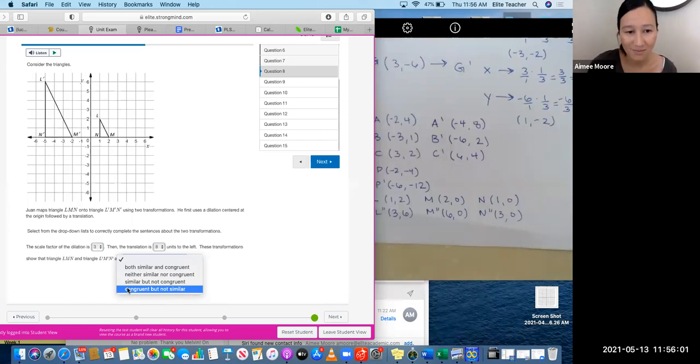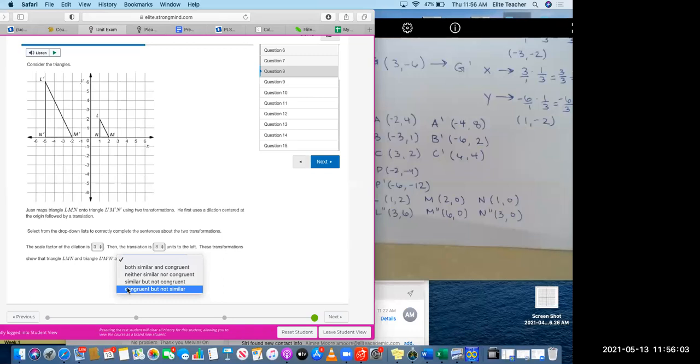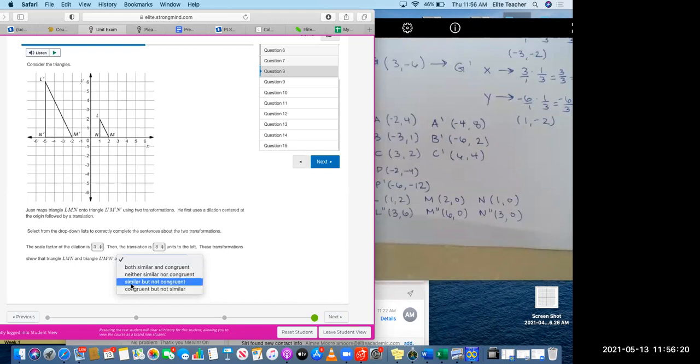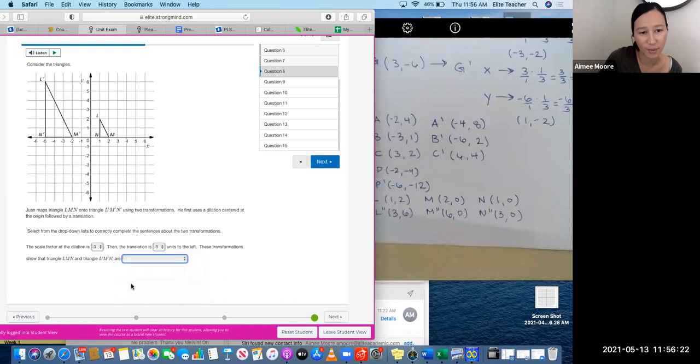Is it both similar and congruent? So since this one's smaller than this one, they're not congruent. They are what? Similar. They are similar. Yep. So they are similar, but not congruent.